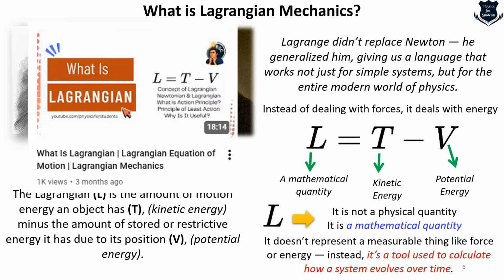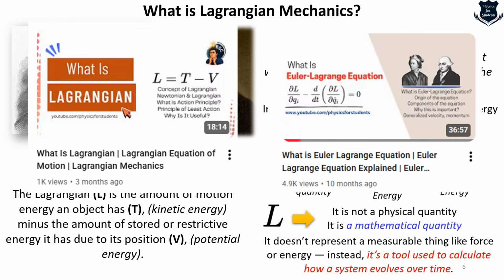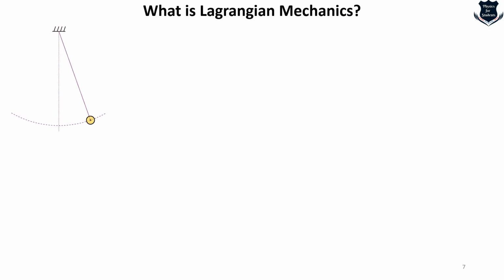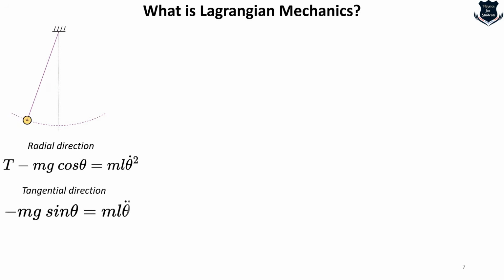I would request you to look at my video, What is Lagrangian, in my BSc series called Bit-Sized Concepts, and further in the video on the Euler-Lagrange equation, which will give you a detailed understanding of what we mean by it being a mathematical quantity and not a physical quantity, and so on.